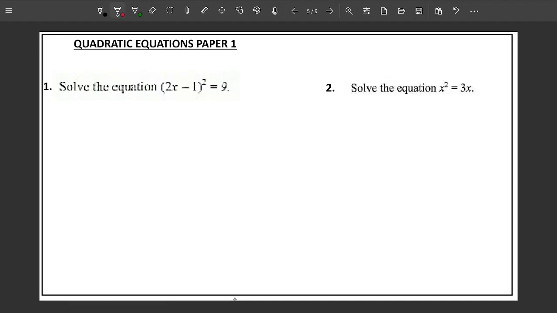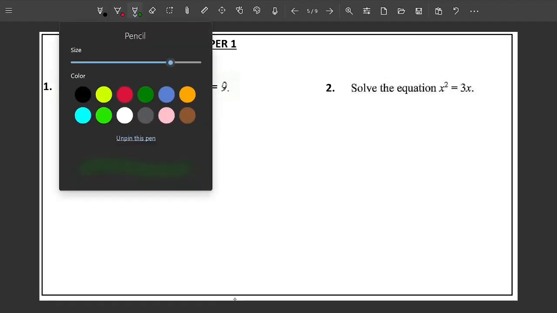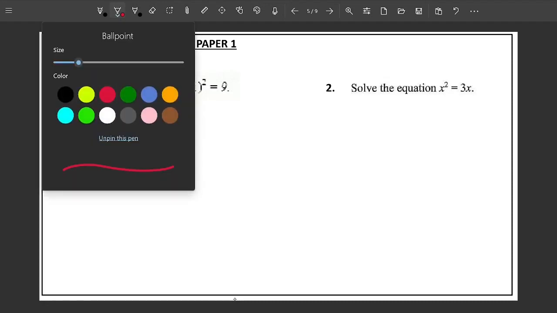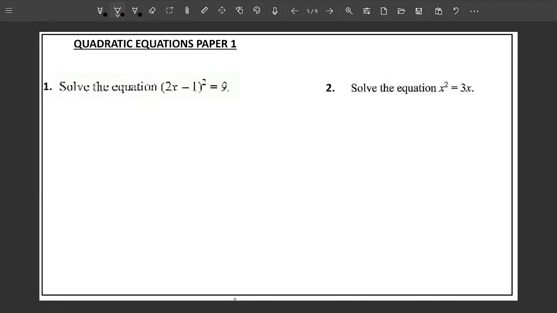Now here they are saying solve the equation, open brackets 2x minus 1 close brackets to power 2 is equal to 9. Let me just retrace this one because it's not looking cool.